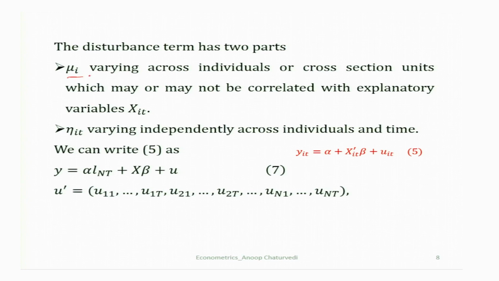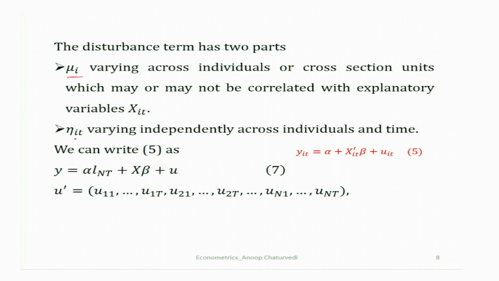So, it is not varying through time, but it is varying across individuals or cross section units. So far we have not taken any assumption about its correlation with the x's. It may or may not be correlated with the explanatory variables.